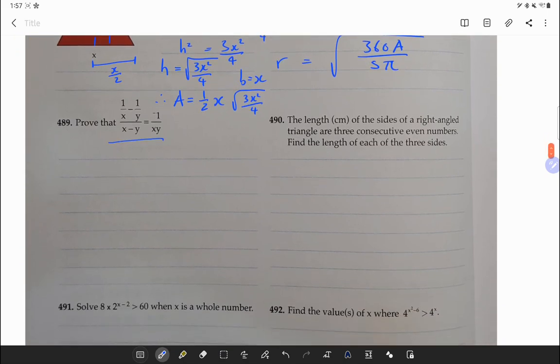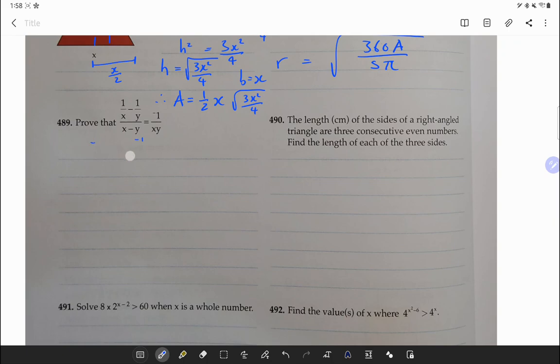Prove that this equals that. If you want to prove it, you start off with one side and see if you can make the other side. So you start off with that maybe, and then you rearrange, you do stuff so that you reach that thing there. That would be a proof of that equation, and let's see if we can do it.